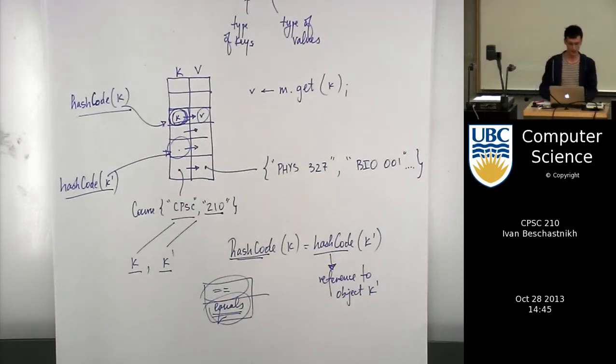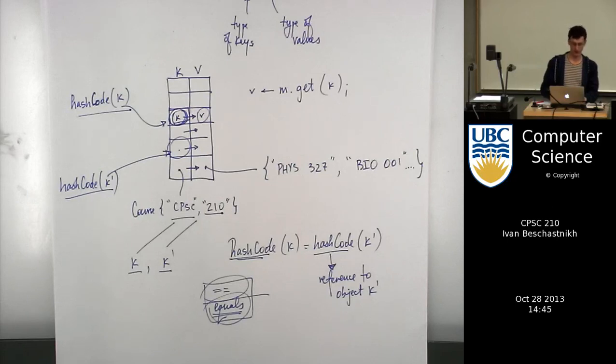Okay, so if I add my equals and hashCode methods, using source, generate hashCode and equals, and I generate them to use the department and the number of the course, just as before, then Eclipse creates this new hashCode function.